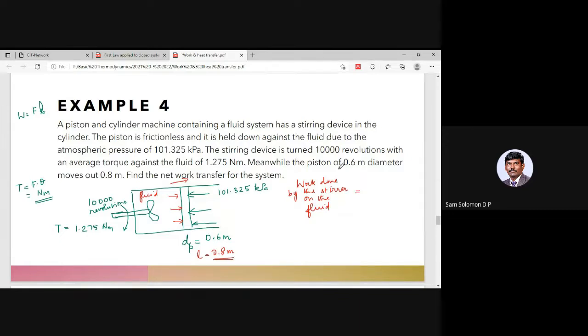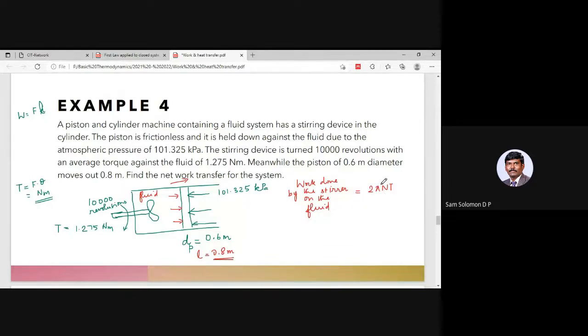What they have given you is the number of revolutions, and they have not very specifically said whether it is per minute or per second. So as a default, we can take it as per second. Okay, so that is simply 2 pi nT. If it is given as RPM, then it will be 2 pi nT divided by 60.